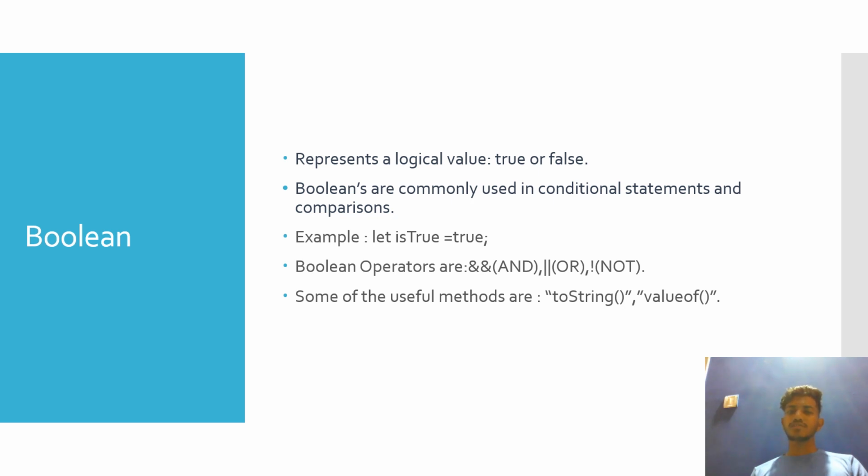Booleans are commonly used in conditional statements and comparisons. Example: let is true is equal to true. Boolean operators are and, or, not. Some of the useful methods are toString and valueOf.